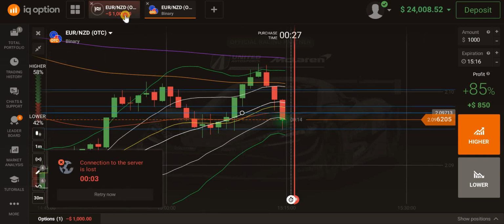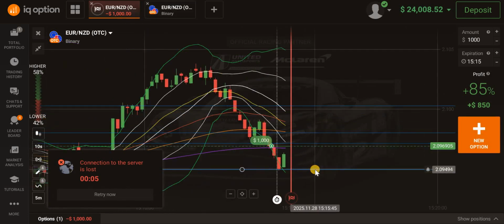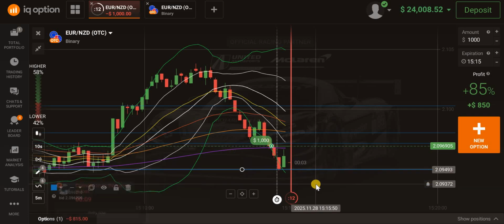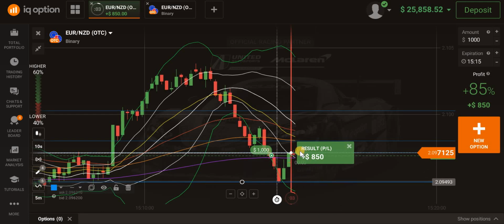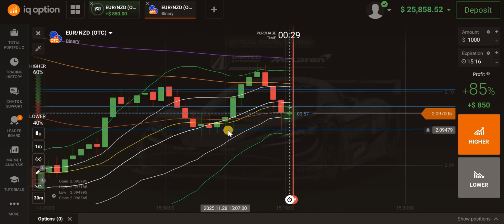I don't know why the network is bad. Okay, this is the first trade that we've taken. So this is the second.